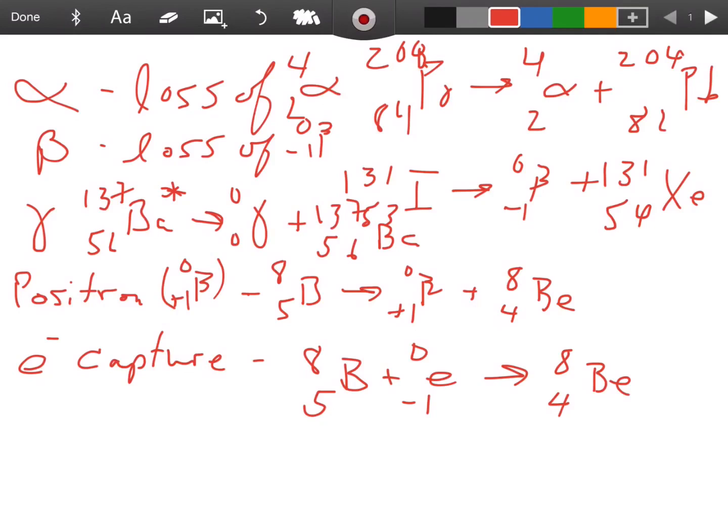In electron capture, we're taking one of those electrons from an inner shell, so maybe from the 1s orbital, and we are bringing that electron into the nucleus, combining it with a proton, and making a neutron from that. And so those are our 5 different kinds of radioactive decays.